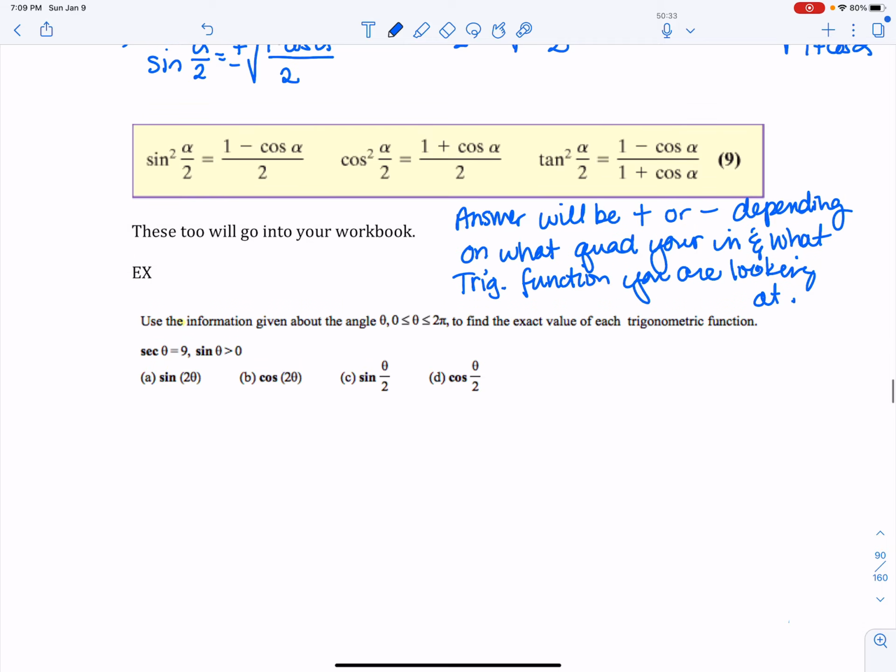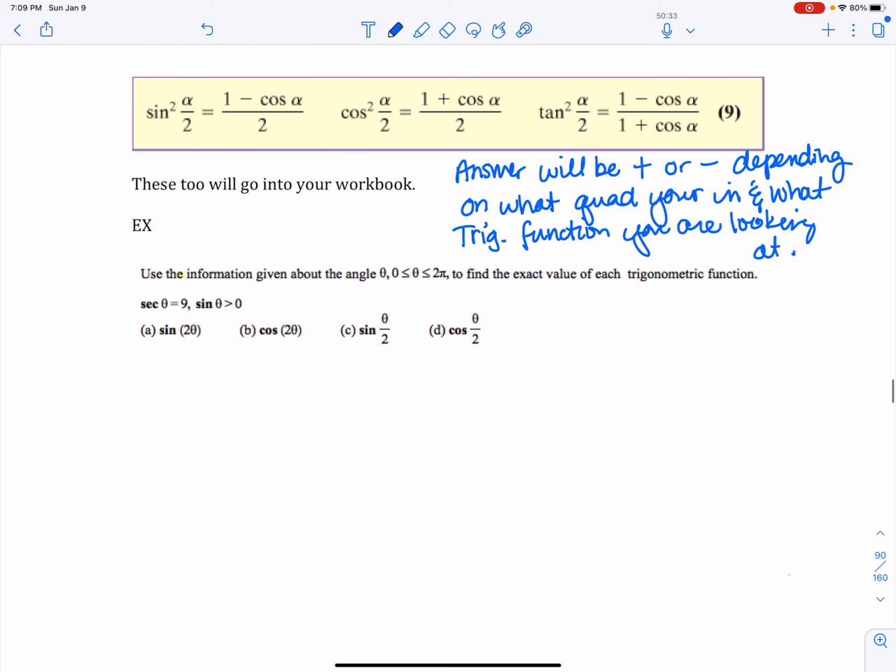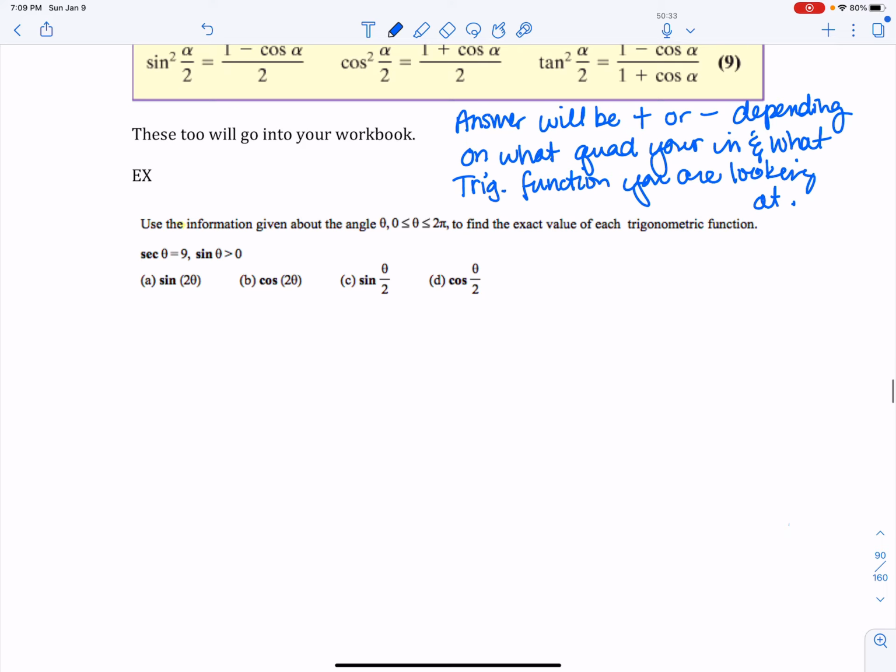Okay? All right. So let's go ahead and look at what we have here. It says use the information given about the angle where theta is a value between 0 and 2 pi to find the exact values of the trig function.